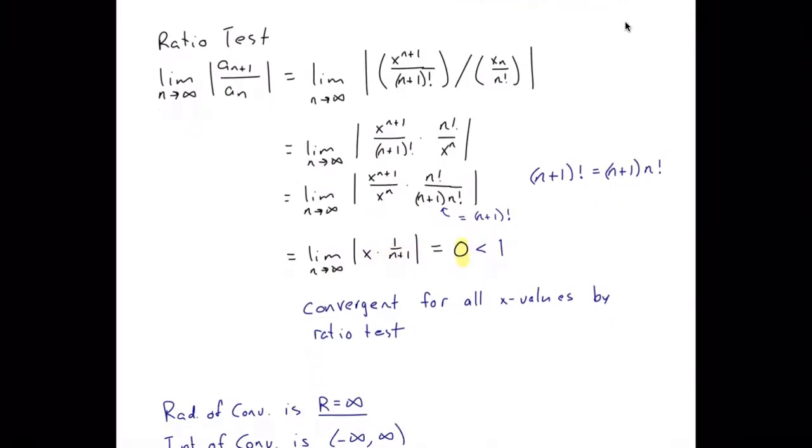If we get 0 or 1/2 or 1/10 out of our limit, something that's always strictly less than 1, then we can conclude that it doesn't matter what x values show up. This expression has nothing to do with x, and so it must converge always. So that's the interpretation of that situation.